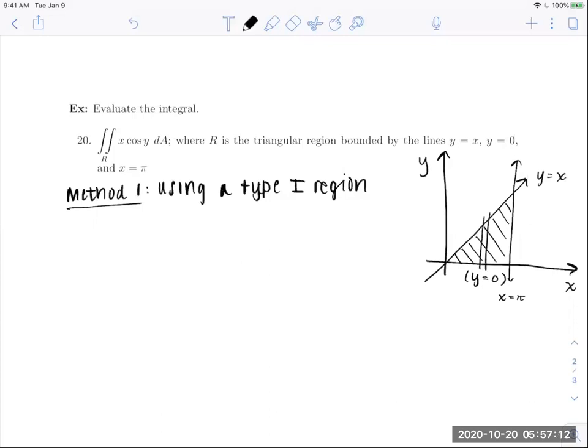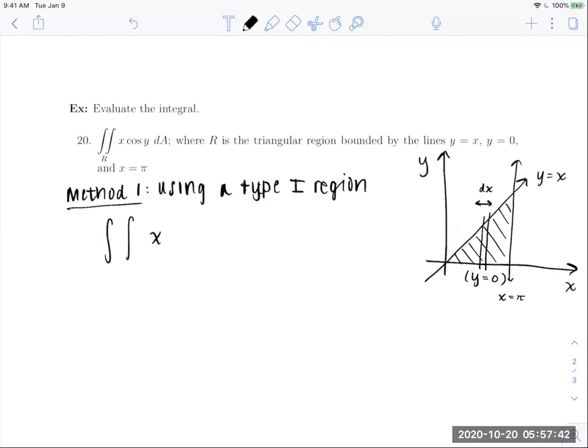So here's one of our little rectangles, if we're thinking back to Riemann sums from Calc 1, and we want to add up all of these rectangles, and that's exactly what an integral does. It adds up a bunch of rectangles. In this case, our thickness is in the x direction, so we have a dx thickness. That means that our outer integral is going to be in terms of x, and our inner integral will be in terms of y.